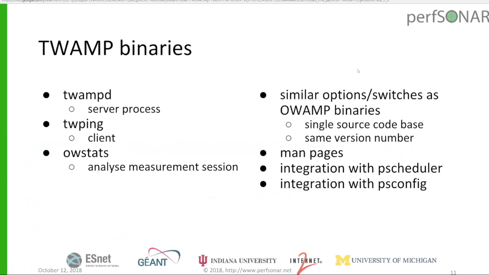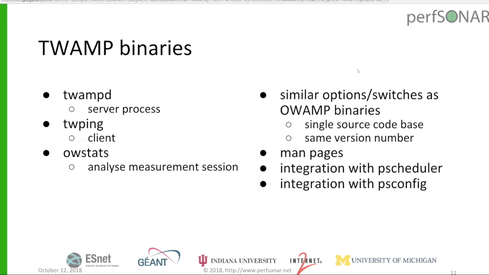Thanks to an external contribution to our perfSONAR project, we have a patch to the OWAMP binaries, and TWAMP is implemented there. So it has the same code base, and it has the same version number. The latest one is 3.5.7, and soon we'll have a new one, 3.5.8.